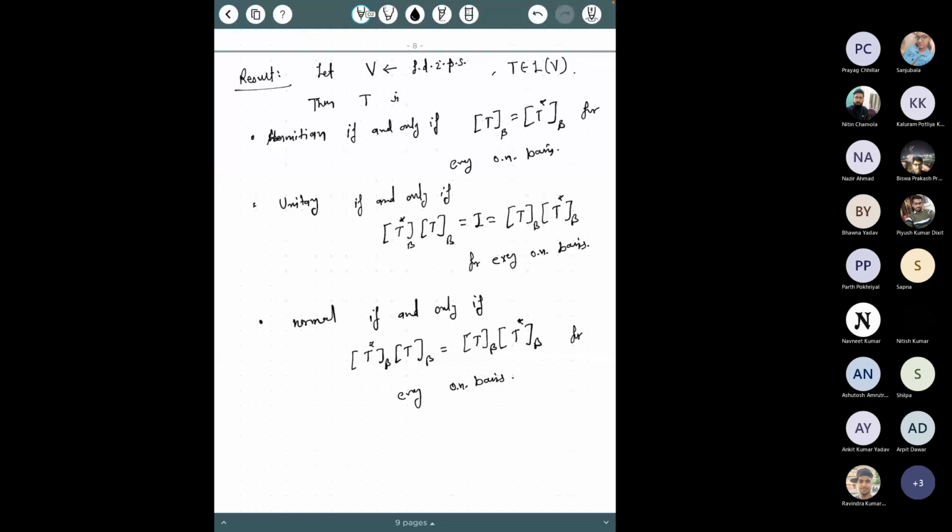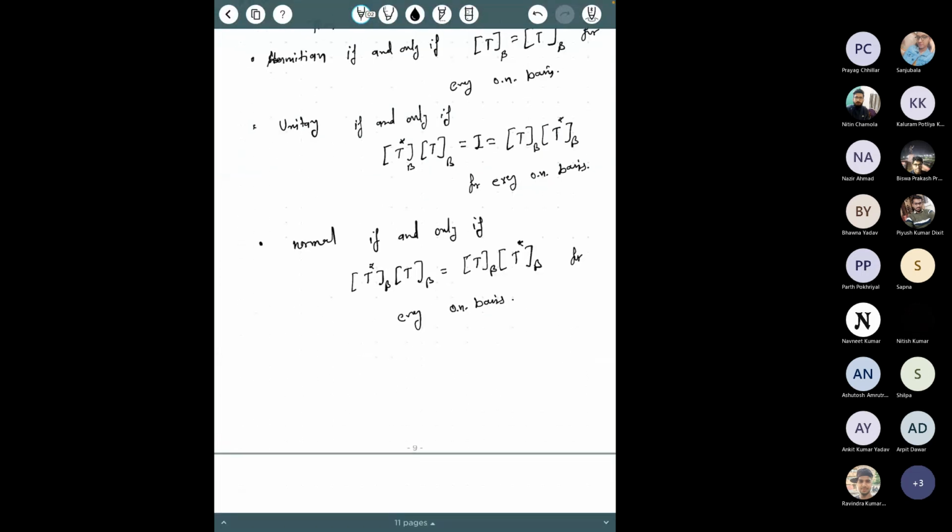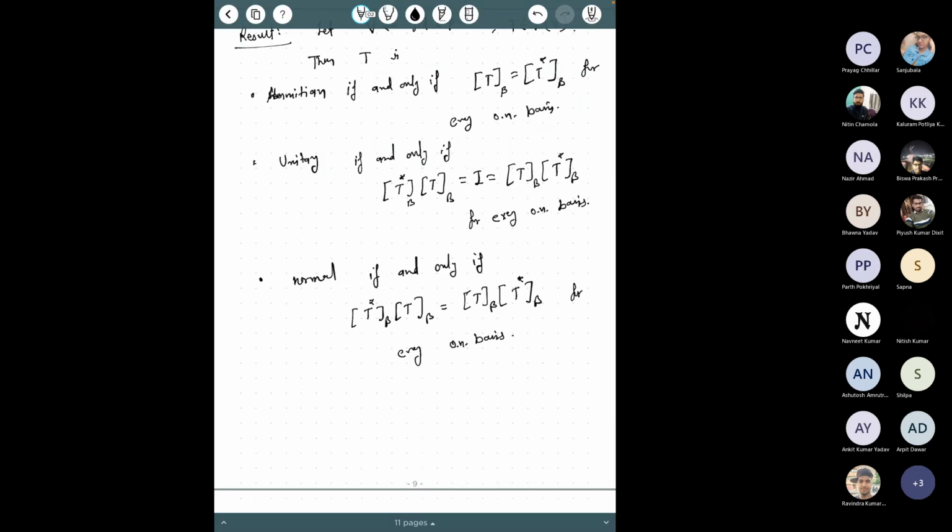So let me give you a quick idea of how to prove the unitary case, and for the other two cases you can try yourself. I can leave this as an exercise. Just work this out. You can easily find this in any textbook, but try to do it yourself, and if you don't get it, then I can help you.